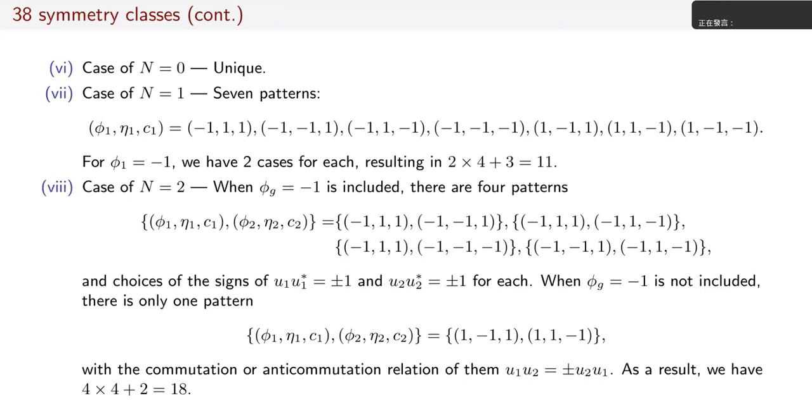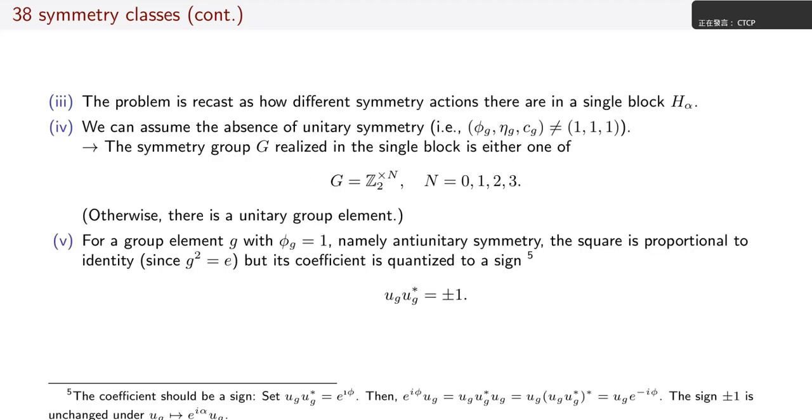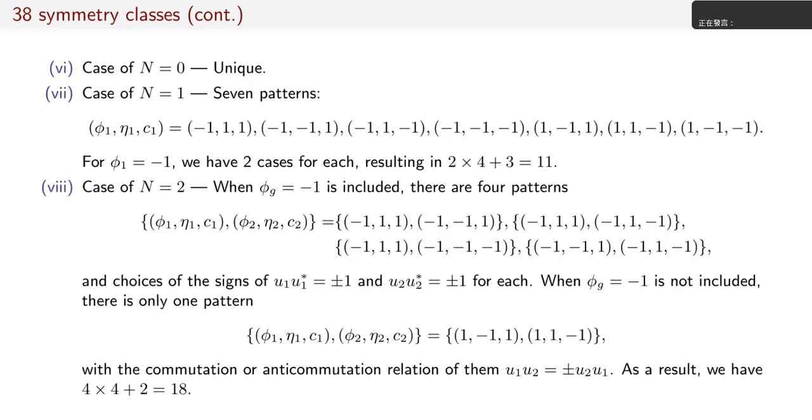Also, if the generator is anti-unitary, I mean phi 1 is -1, we have two choices. So eventually I get 2, 2, 2, 2, 1, 1, 1. So 11 classifications in this case.